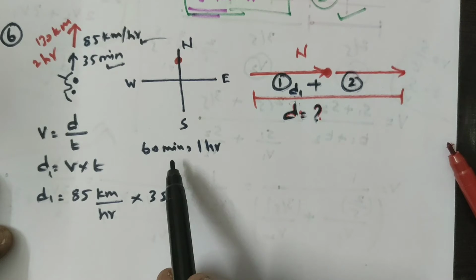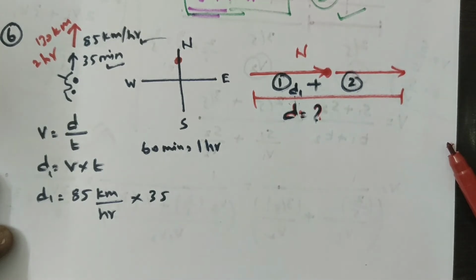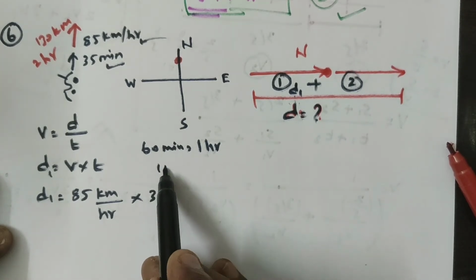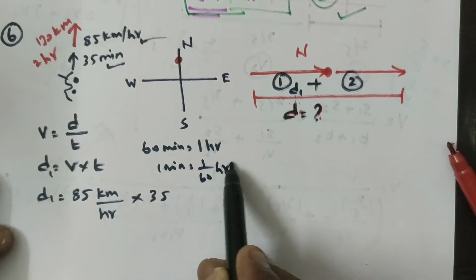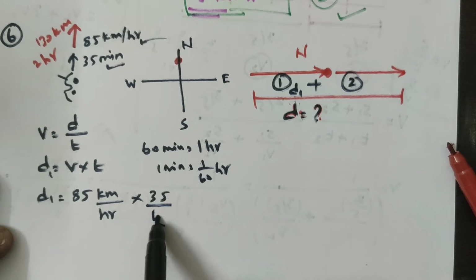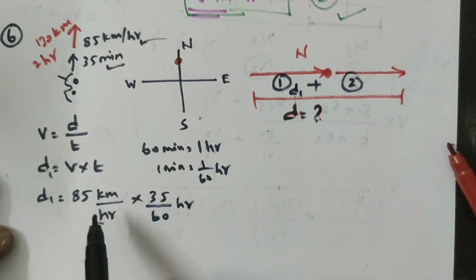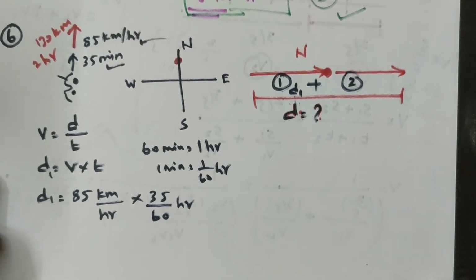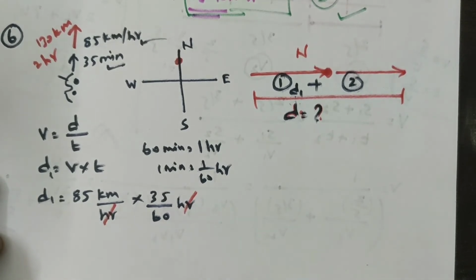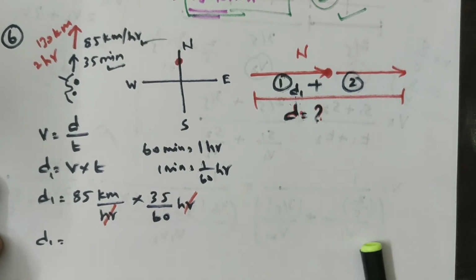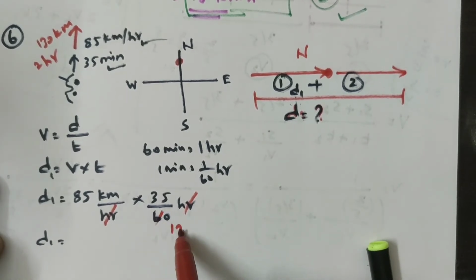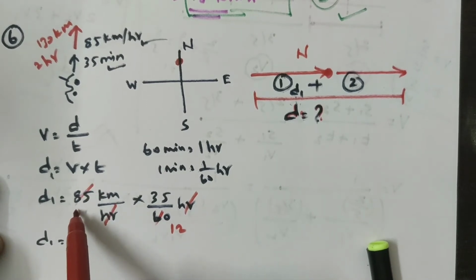So 1 minute is equal to how many hours? 1 minute is equal to 1 by 60 hour. So divide by 60, then hour. Here hour will be cancelled. So the remaining d1 is equal to, in the fifth table, 12 times, 17 times.